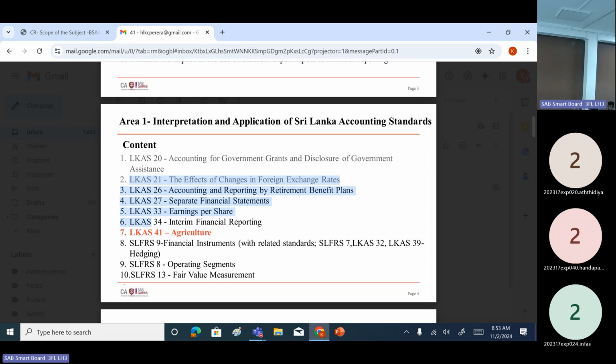That's all about insurance contracts. That's the most difficult, complex standard. Really difficult. Why? Because we don't understand it. Up until SLFRS 17, all insurance companies, if they are doing predominantly insurance business, are waiting to implement SLFRS 9 as well.